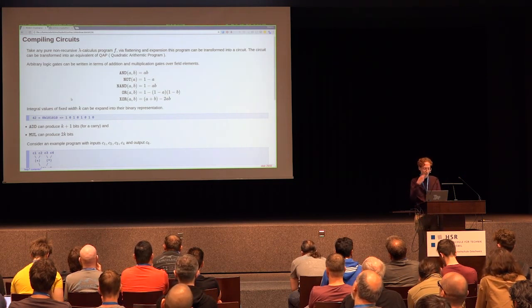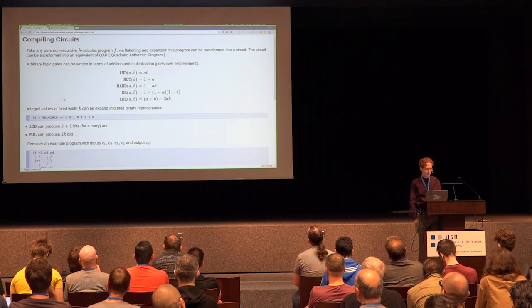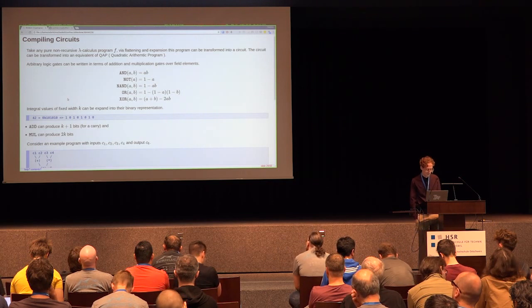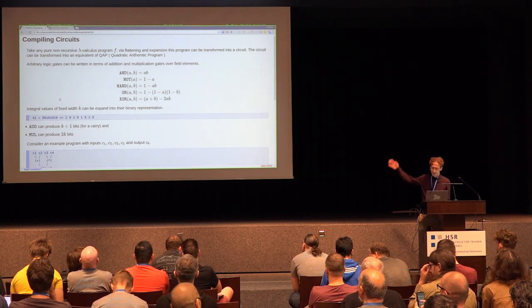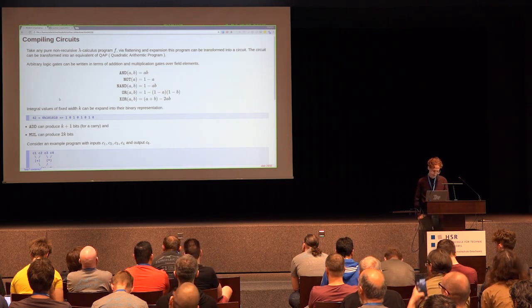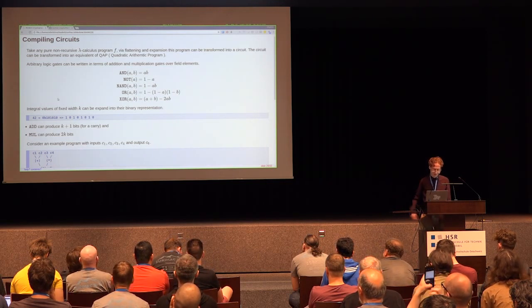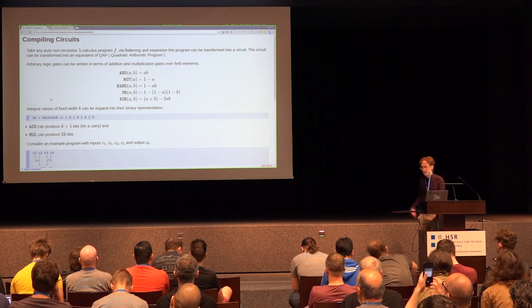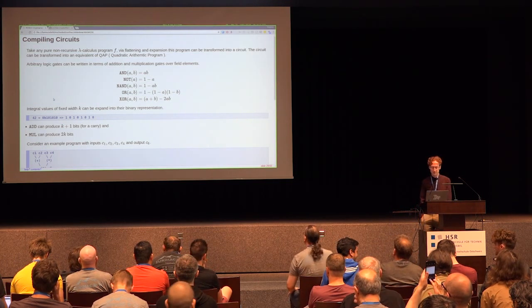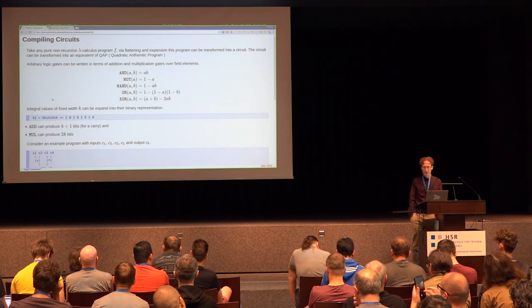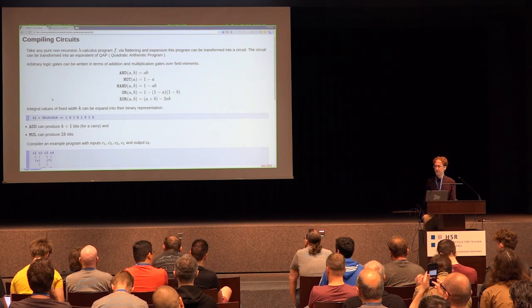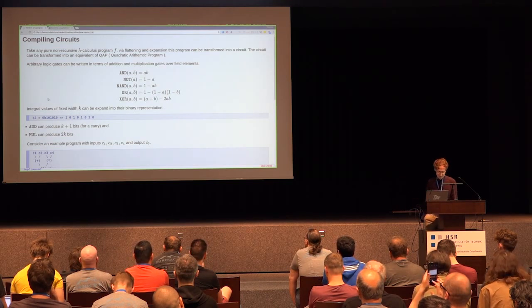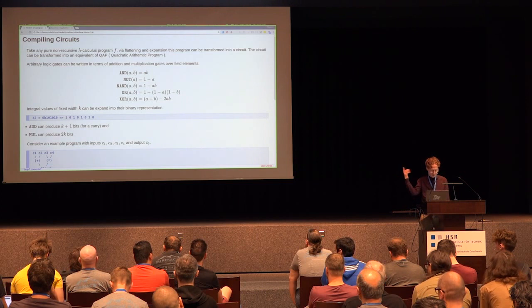And it turns out that you can express any arbitrary logic gate as combinations of the field elements, so the mapping between ands, nots, and ors. In fact, all of the circuits can be expressed in terms of just addition and multiplication operations over the field elements, where these are elements of the FQ12 field that we just constructed.